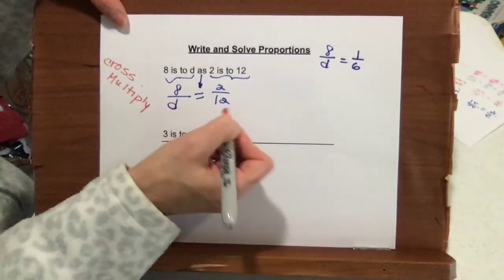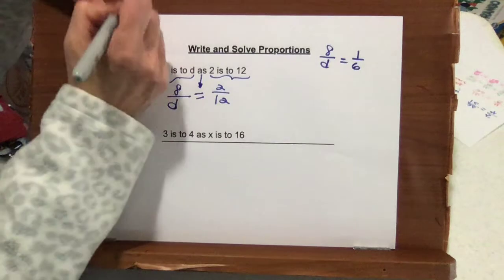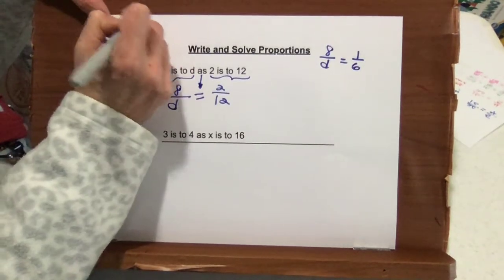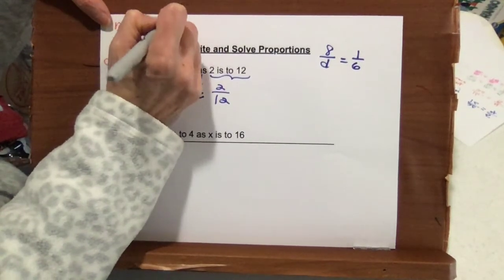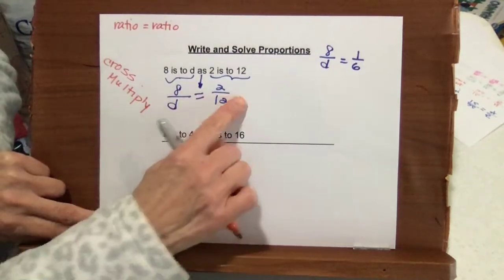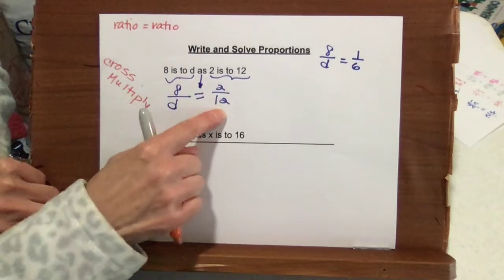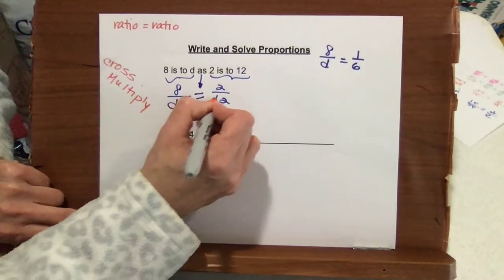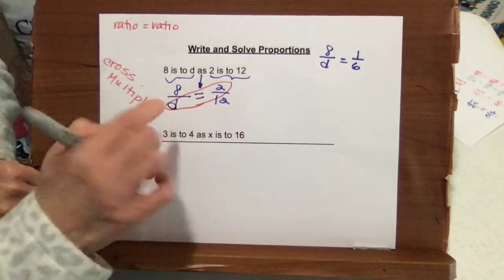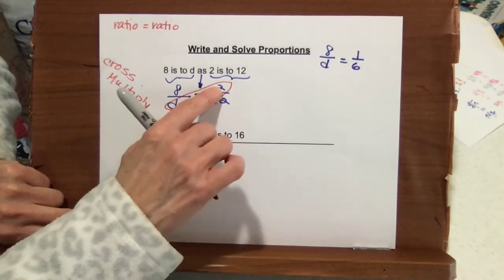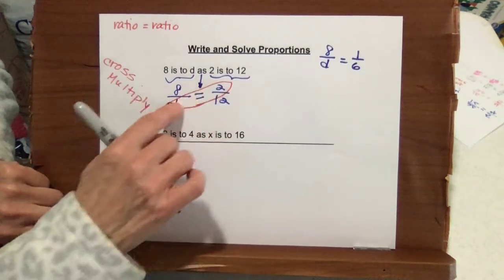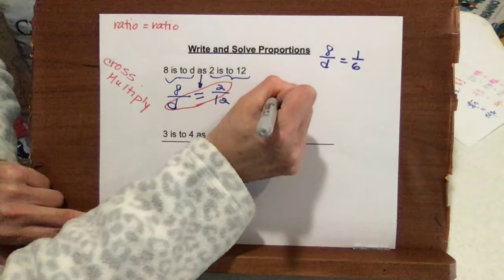When you have a ratio equals a ratio, we cross multiply. So that's the key. Ratio equals a ratio. Fraction equals a fraction. There's nothing added to these or subtracted from these, so we have a fraction equals a fraction. Cross multiplying means you just take in a loop, you crisscross the denominator with the numerator, and you multiply. So 2 times D is 2D.